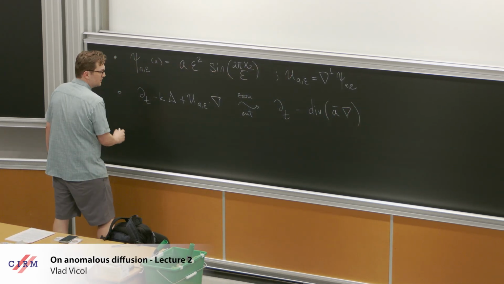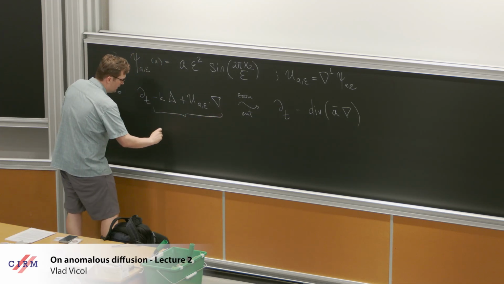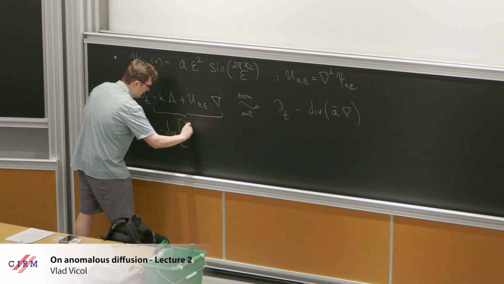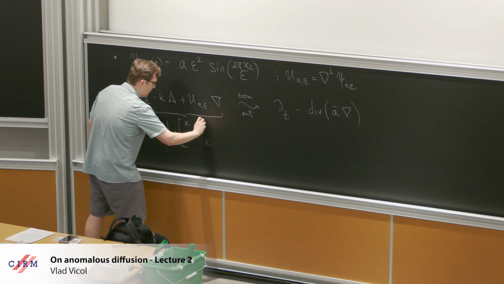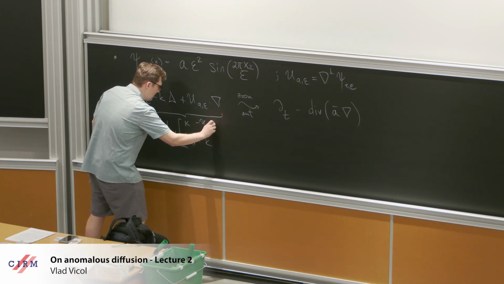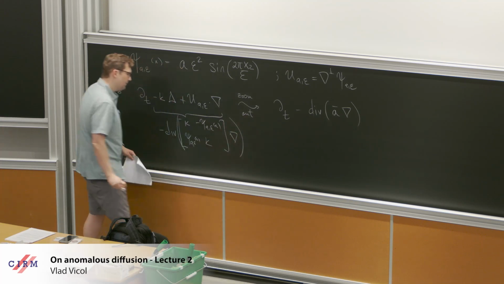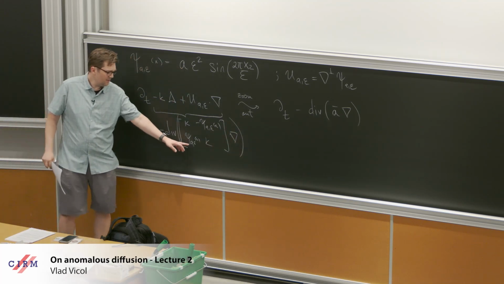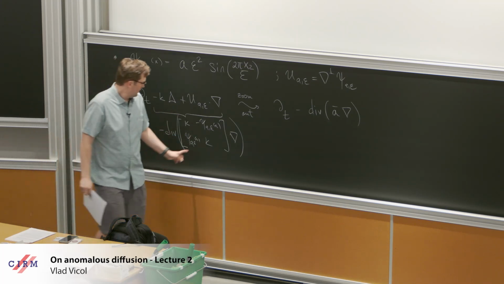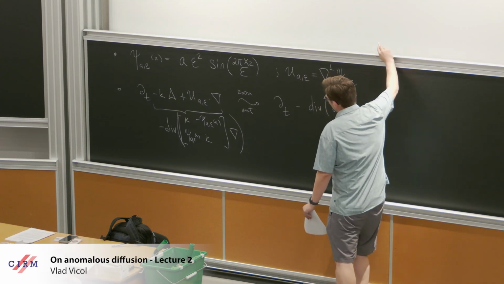And what Scott also did is that he rewrote this in a smarter way, which is minus divergence of this matrix kappa minus psi A epsilon grad. So basically this oscillating matrix, a diffusion matrix which is highly oscillatory, becomes this constant diffusion matrix.